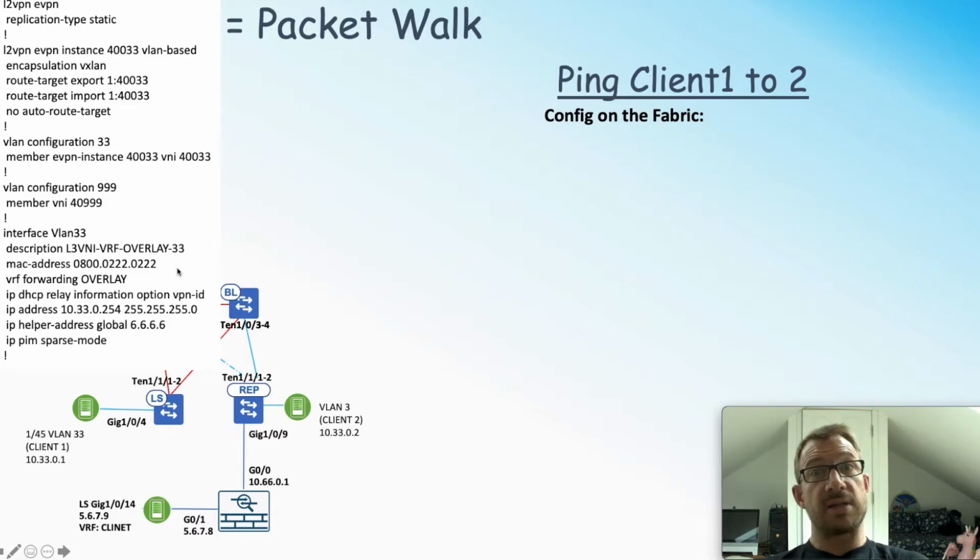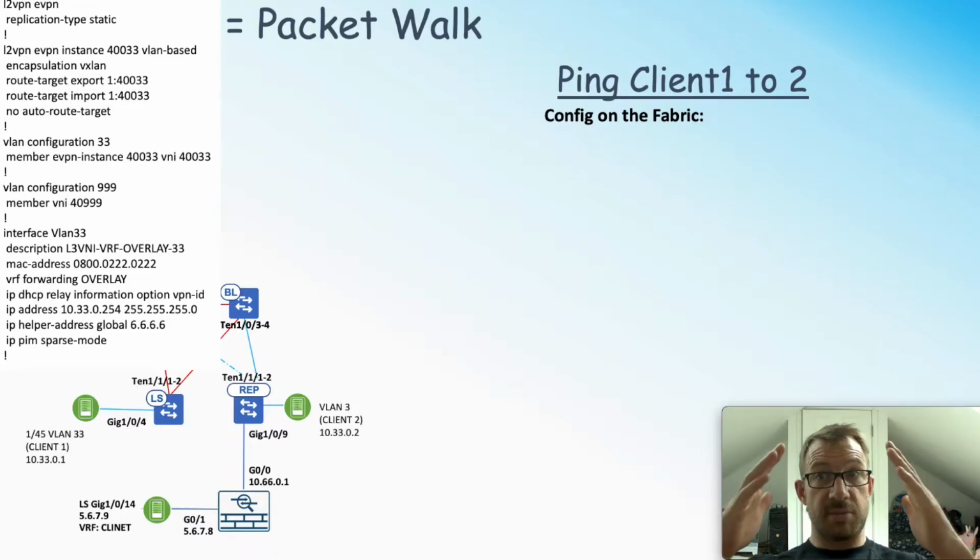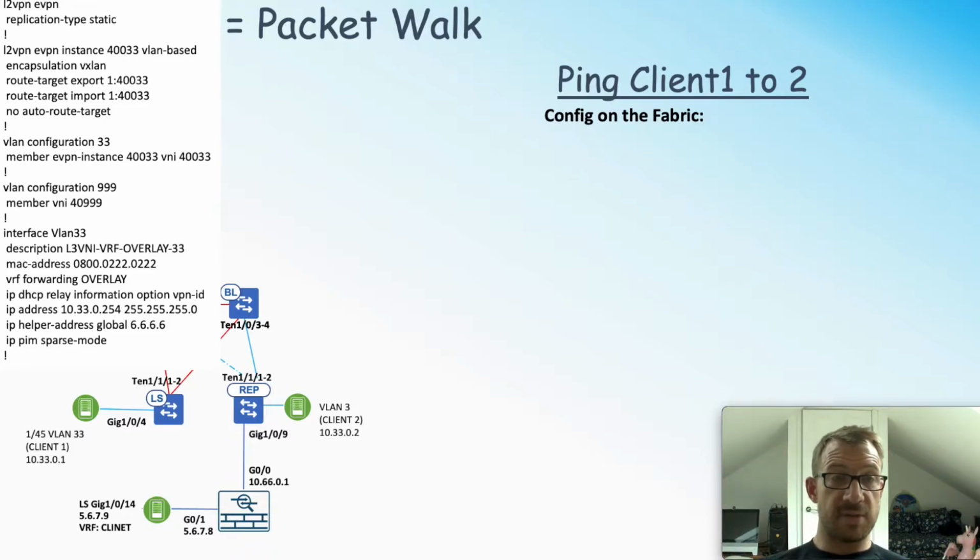In particular, it's a distributed Anycast gateway, which means it's prevalent, deployed on all of the EVPN leaves, as opposed to another type of gateway. You can have a centralized Anycast gateway where you have 2 or more gateways configured within the fabric, where all traffic is pulled towards them to provide gateway services.